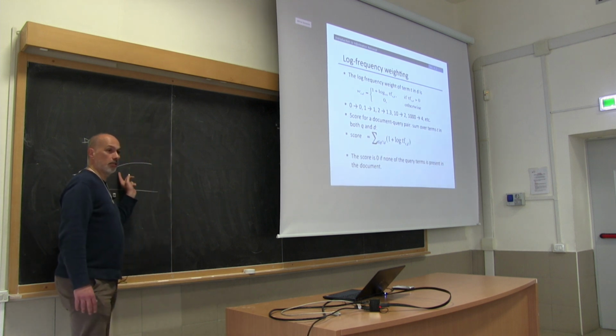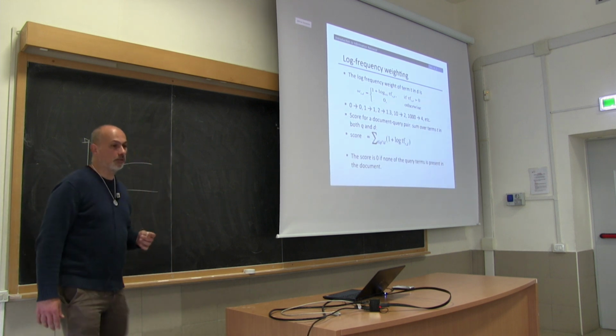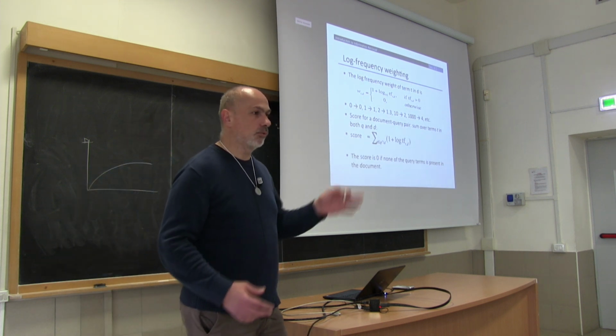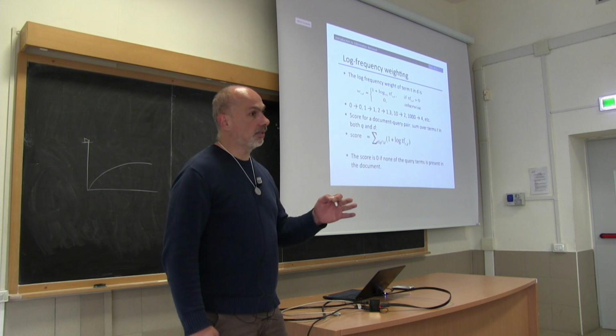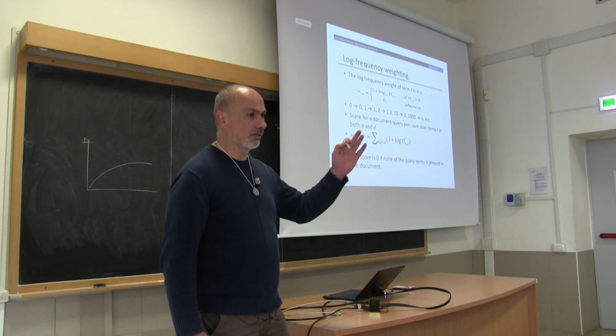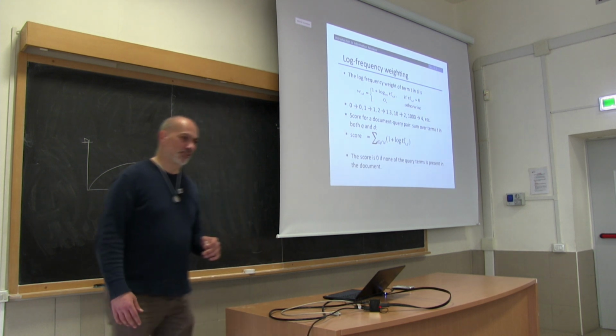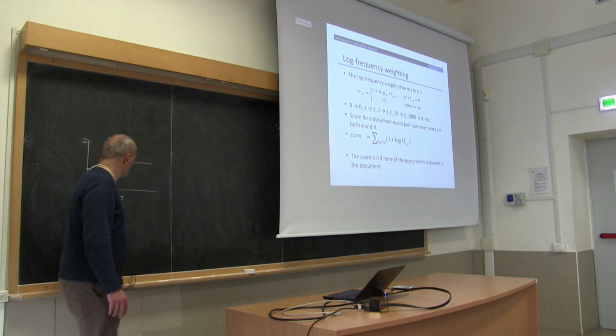This means diminishing returns. So if a word appears one time in a document, fine, you weight it in some way. If it appears 10 times, it is not 10 times more important. You have to smooth. Linear is too much. Okay?